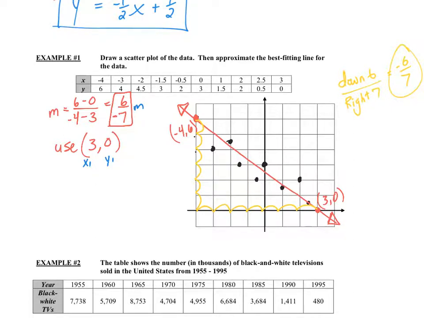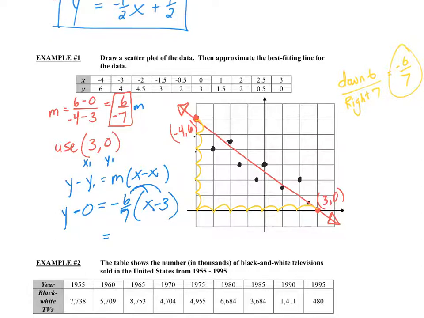So use your equation again. The equation is y minus y1 equals m times x minus x1. And now we plug in our numbers. So it's y minus 0 equals -6 sevenths times x minus 3. Okay, so we distribute.